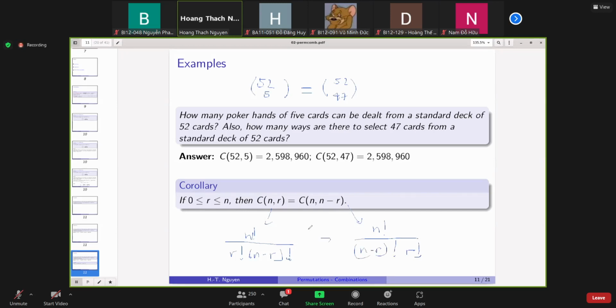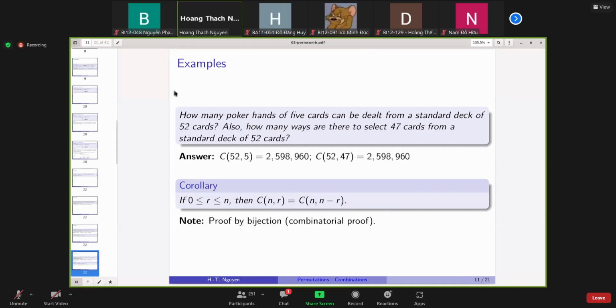So they must be the same. But you can use the formula, or you can view it as two alternative ways to count the same thing. Okay, so that is proved.